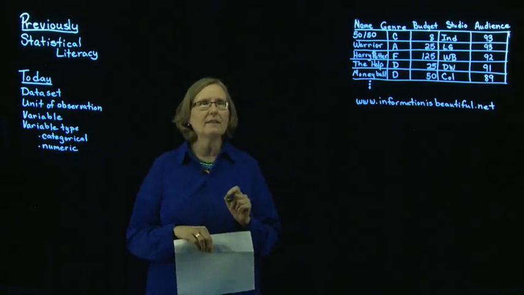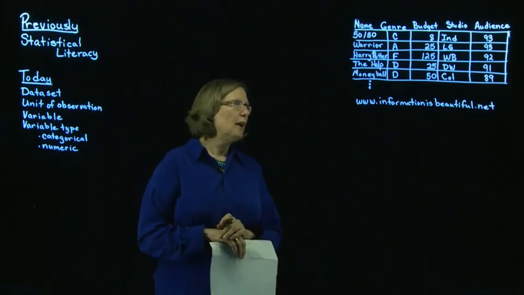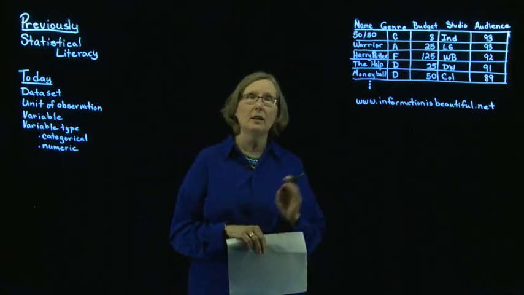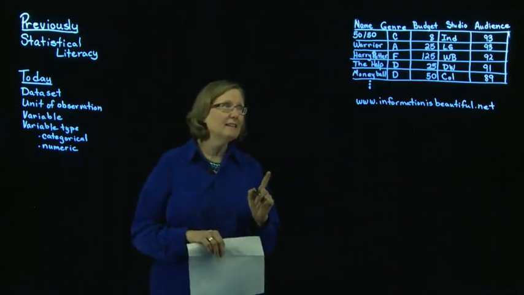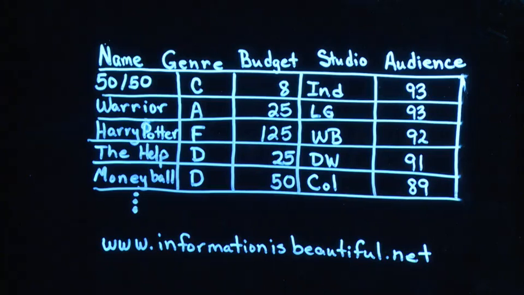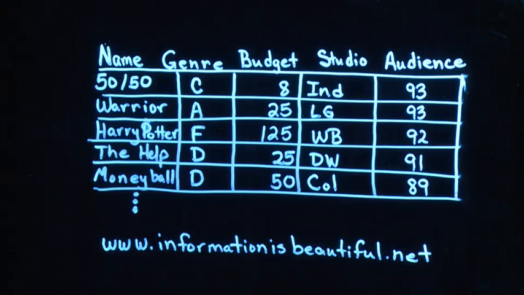To demonstrate this, I'm going to use a fun data set on movies that was first created by David McCandless and his team at Information is Beautiful. In the data set that I'll be using, there are 136 movies that were distributed in 2011. The data table looks as follows. I've given you the first 5 movies here.